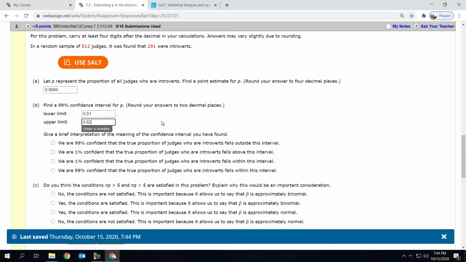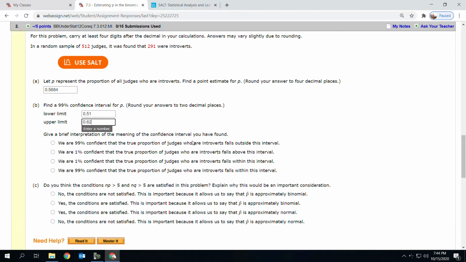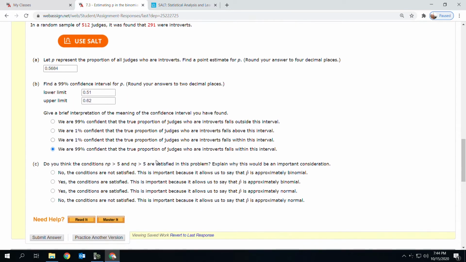We are 99% confident that the true proportion of judges who are introverts falls within, that first one's a decoy, this interval.